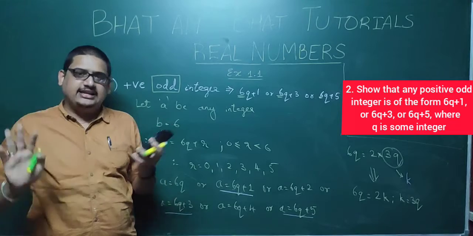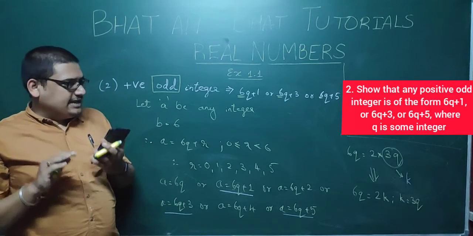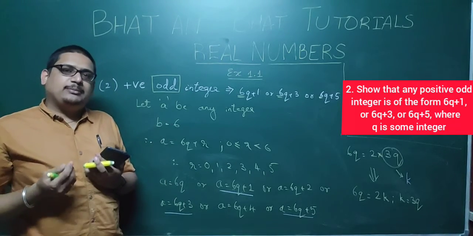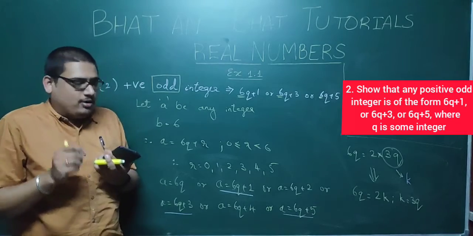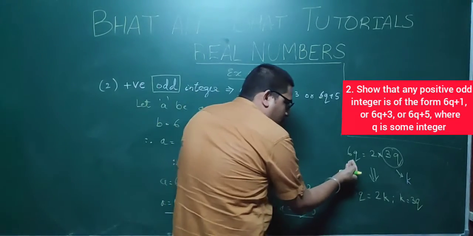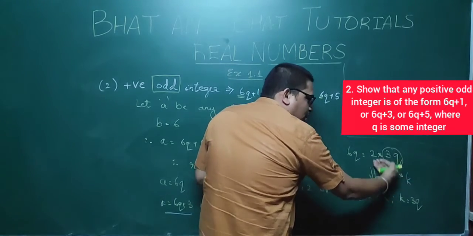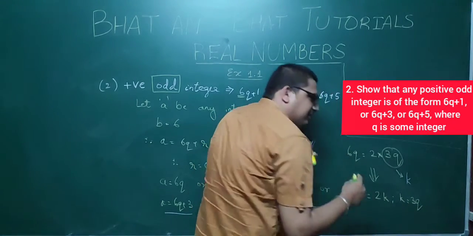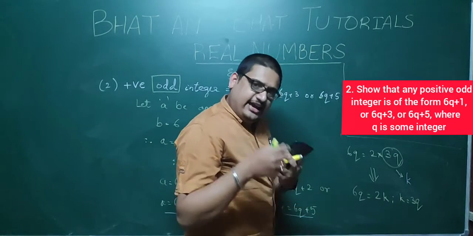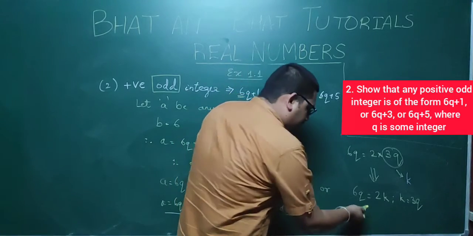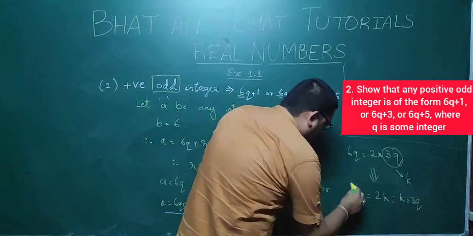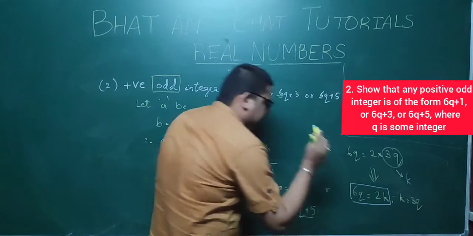See, I am just doing a mathematical modification. I am not changing any equation. That means I am taking a bigger number and trying to represent it in the form of a smaller number. What did I do? I took 6q, made it 2 into 3 into q, where 3q I clubbed and represented as another constant k. That k is also a quotient only. So I can say 6q is equal to 2k.